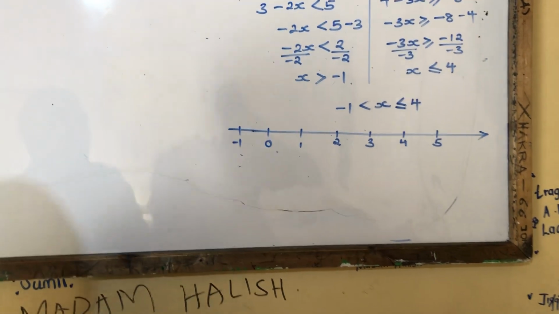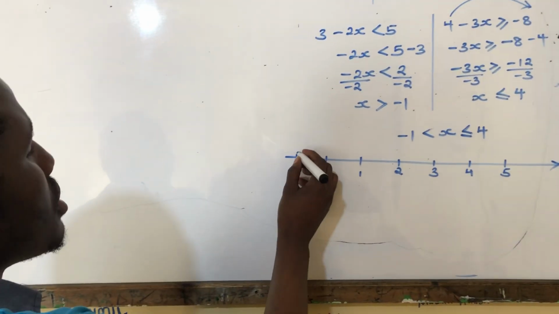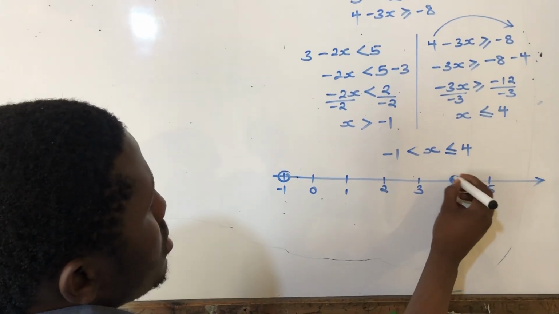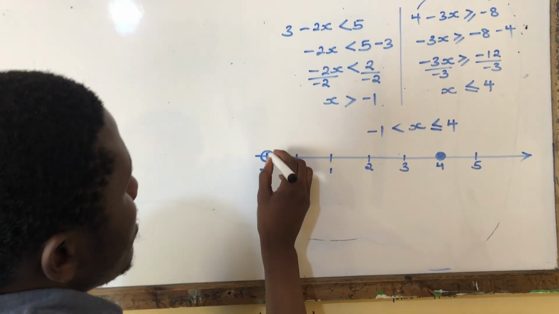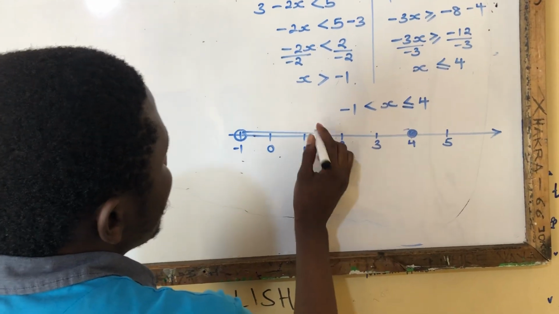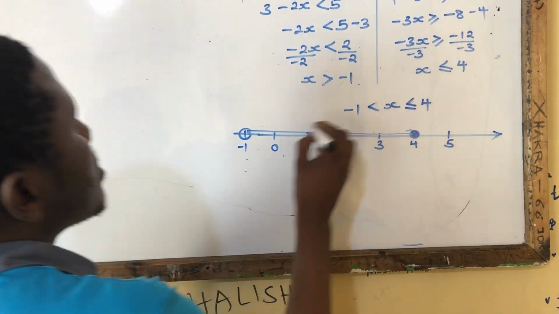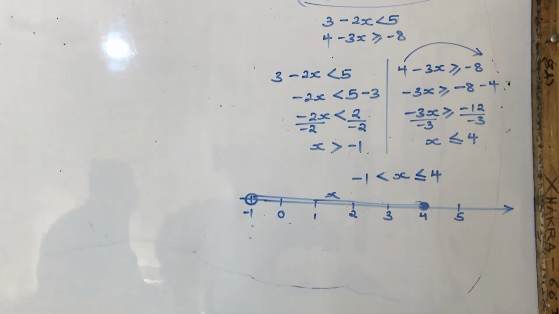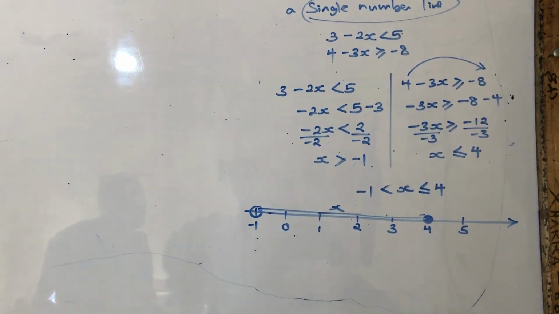At negative 1, we will use an unshaded dot, while for 4, we will use a dot that is shaded. Then join the 2 points in that manner. That is the range where the values of x lie.